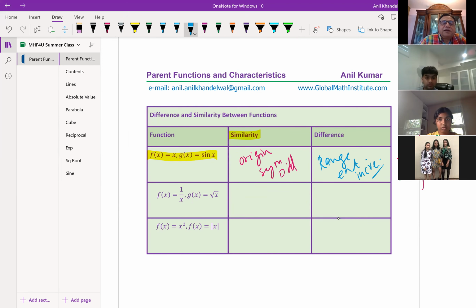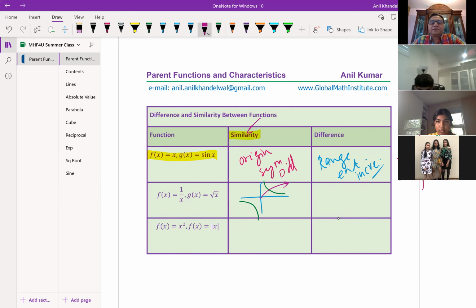Now the second one is the reciprocal function, 1 over x, and the square root function. In these two functions, what do you think are the similarities and differences? Yes, Ankita, can you make an attempt? Would it be the rate of change? Okay, rate of change. Yes, you could say, but we are not looking for differences right now.